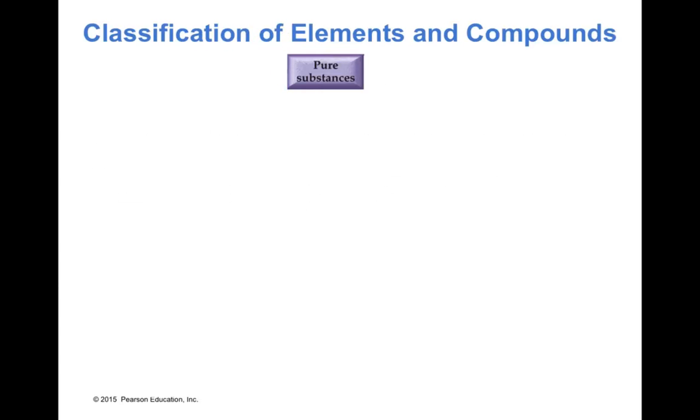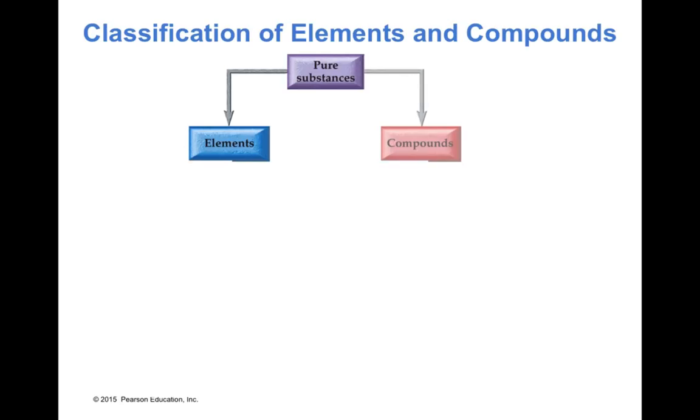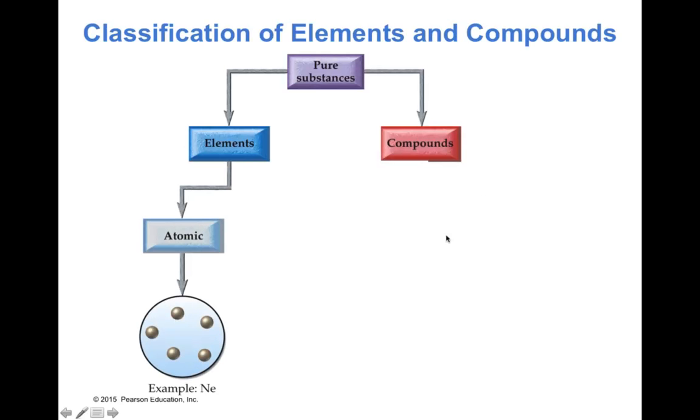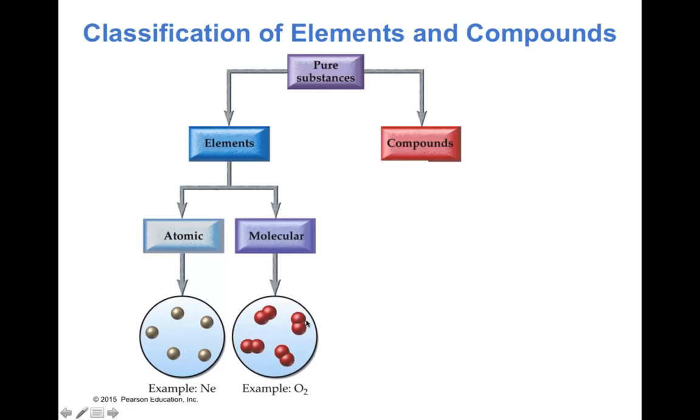So let's talk about the classification of elements and compounds. Pure substances, as we mentioned before, could be elements or compounds. The elements could be atomic, for example, neon, and could also be molecular, for example, O2. So these two are elements, but this one is an atomic element, and this one is a molecular element. The atomic element has just one atom, and in the molecular element, we have two atoms.